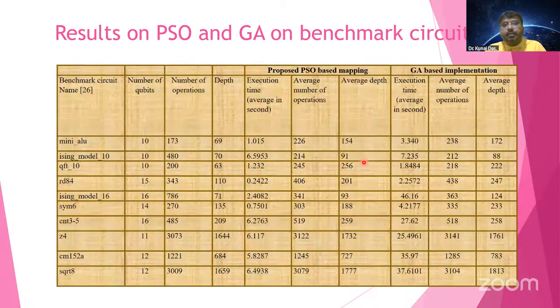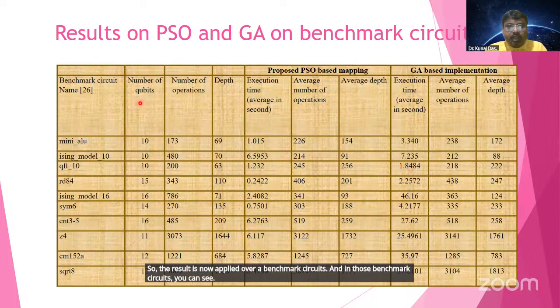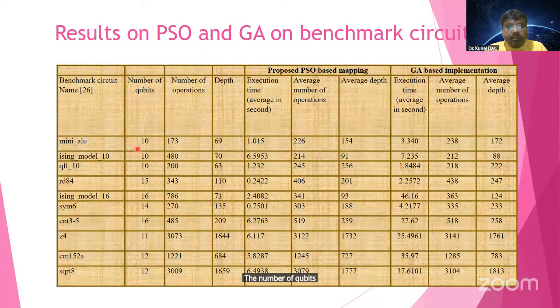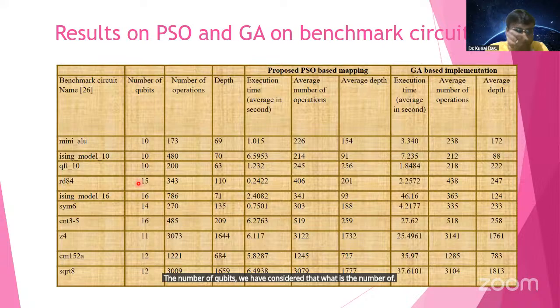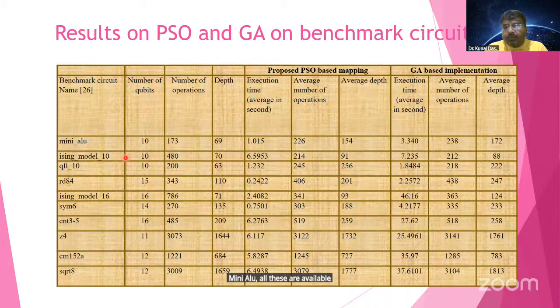So now the PSO and GA we have applied on the benchmark circuits. In these benchmark circuits you can see the number of qubits we have considered. These all use models like 10 and mini ALU, all available as benchmark circuits.